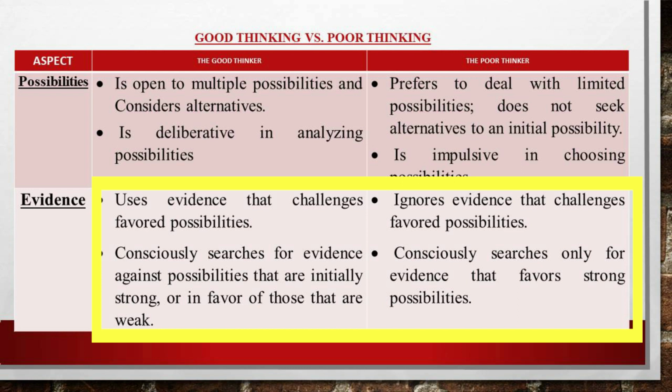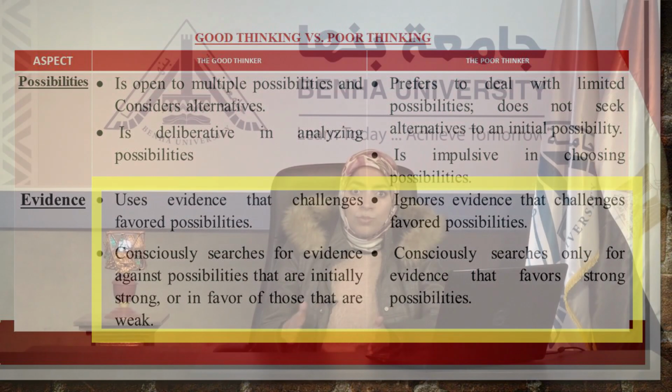In opposite of that, a poor thinker ignores evidence that challenges favorite possibilities. Also, a poor thinker searches only for evidence that favors strong possibilities. Now we have differentiated between good and poor thinkers.